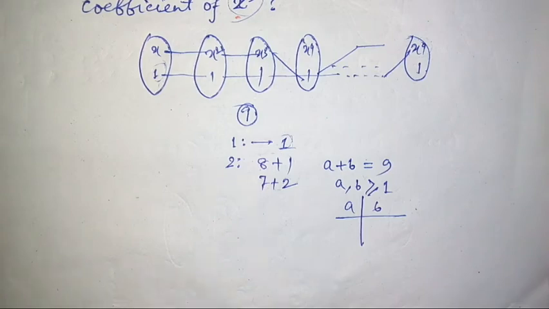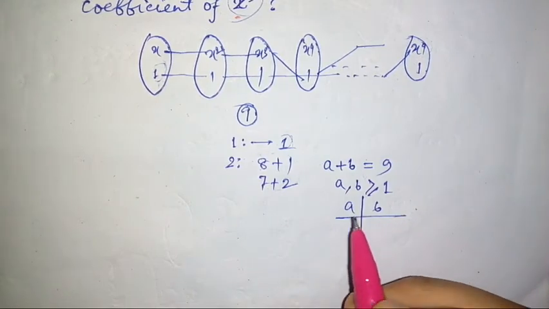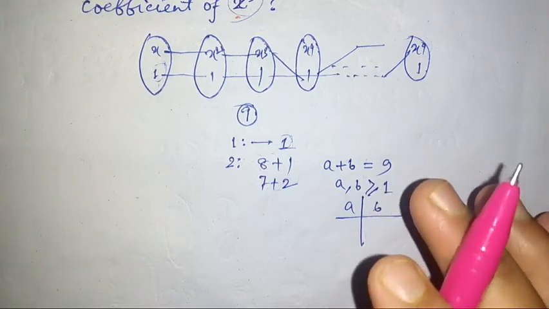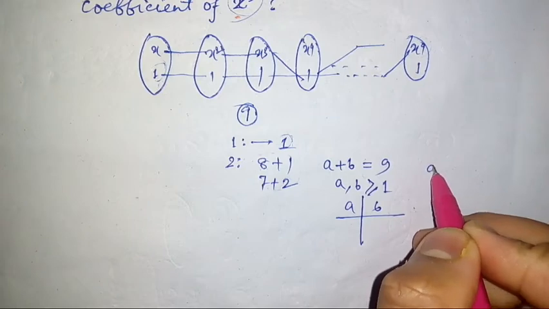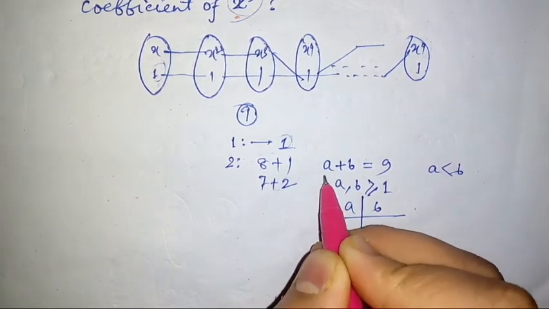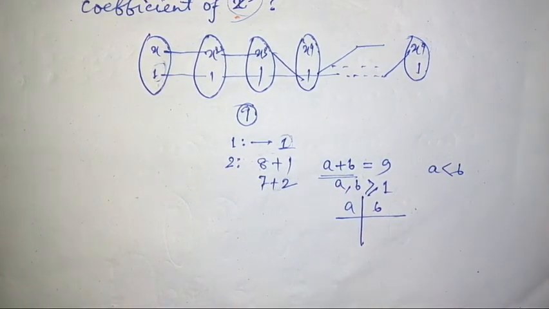So if I make a table and do this, then I can get my desired values. Now one more trick that we need to keep in mind for solving questions is that in this table method, when we do not want ordered pairs, then we have to assume another inequality, that is a less than b. That is, in this case we have two variables, so a less than b.